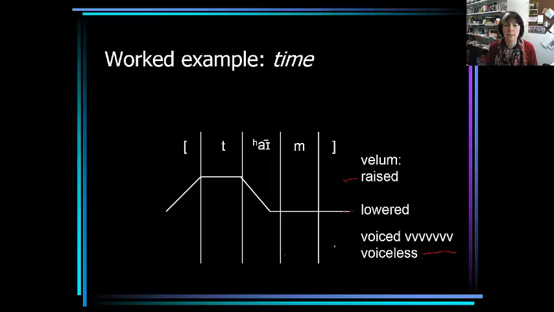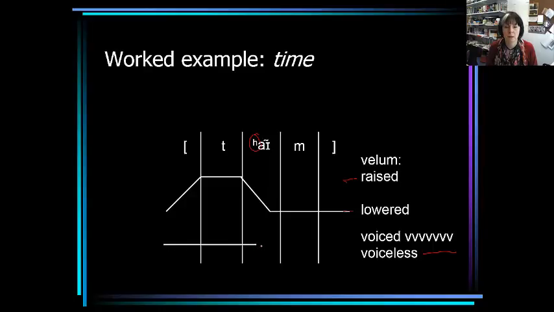For the voicing, as we've seen in the other diagrams, I've got this period of voicelessness at the beginning of the vowel here. The voicing is delayed for the vowel because of the preceding voiceless plosive consonant. So I've got this period of voicelessness here. The vocal folds start not in vibration.